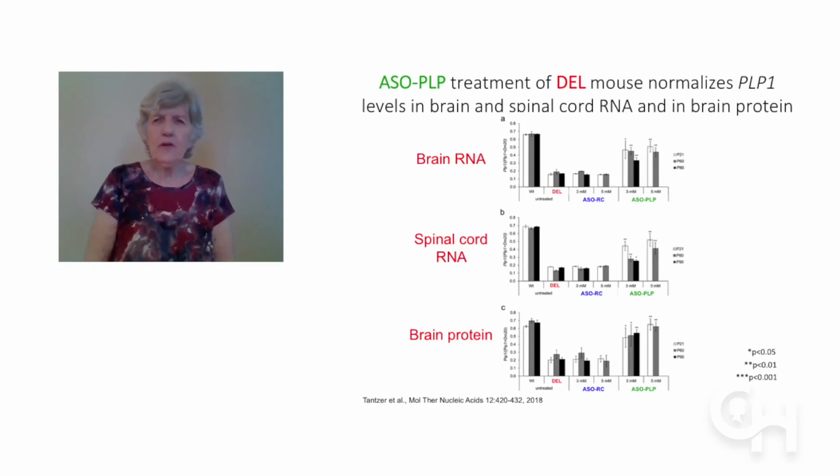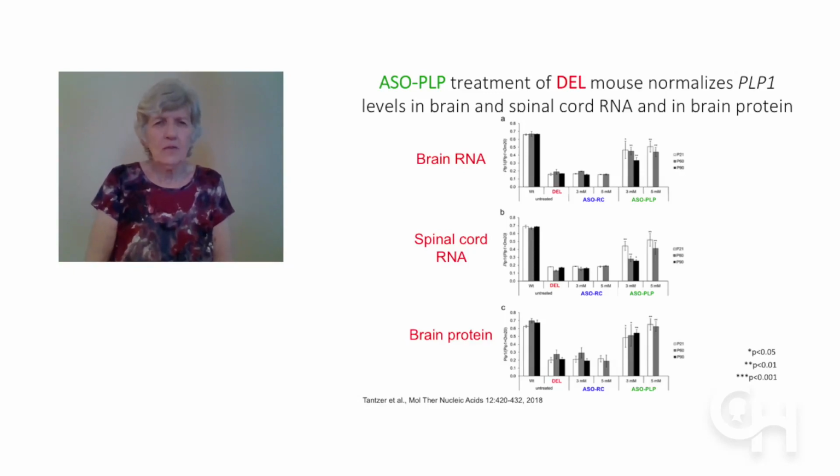But the treatment with both amounts of ASO-PLP at the green label increased the PLP RNA form closer to levels in the normal mice, and the effect was sustained to 90 days.